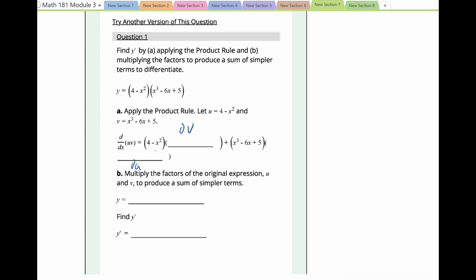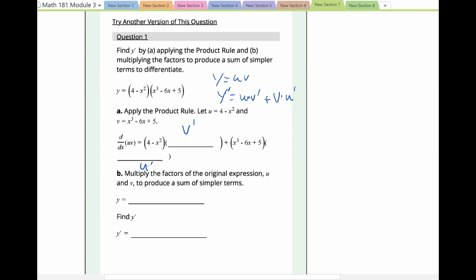They're calling this y equals uv, and they're saying y prime equals u times v prime plus v times u prime. I'll call them primes instead, that way we're more familiar with what we've been doing before. So I'm going to call this v prime and call this u prime.